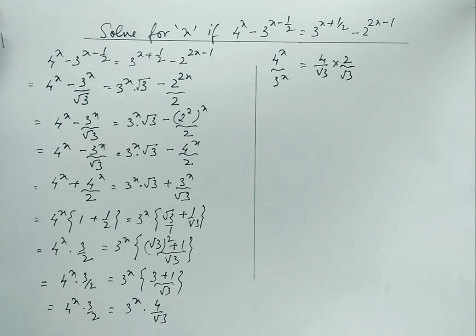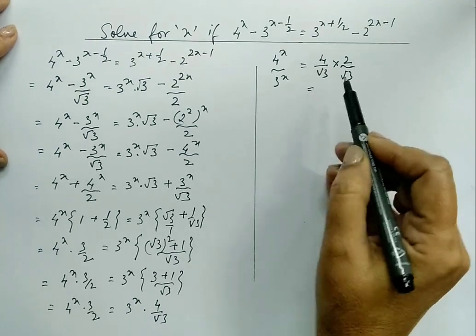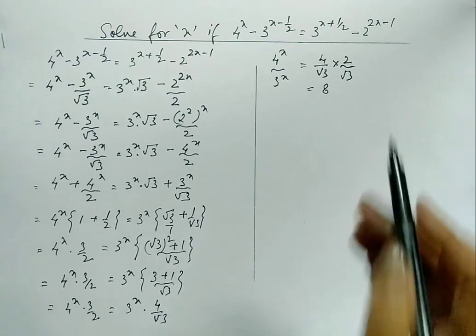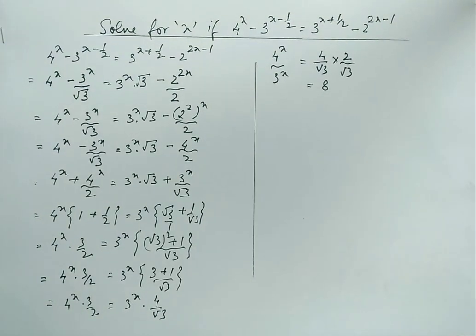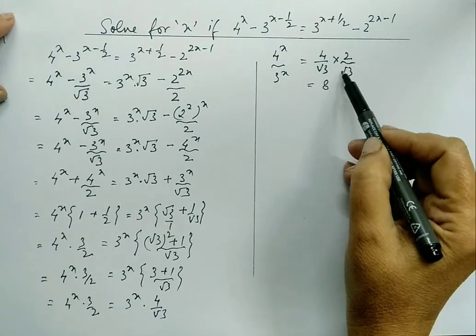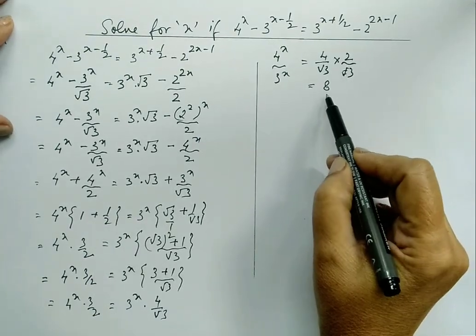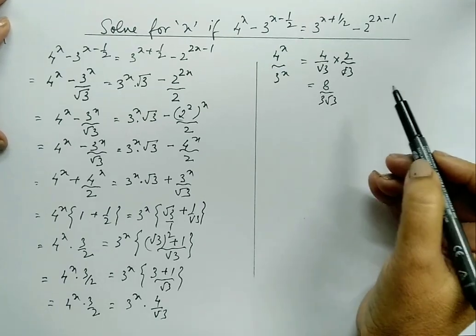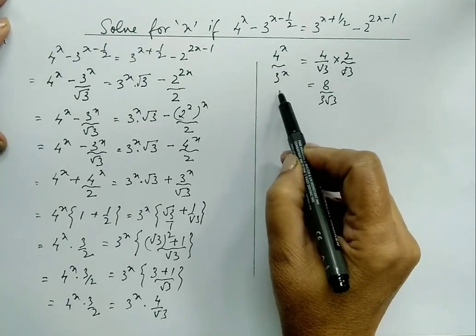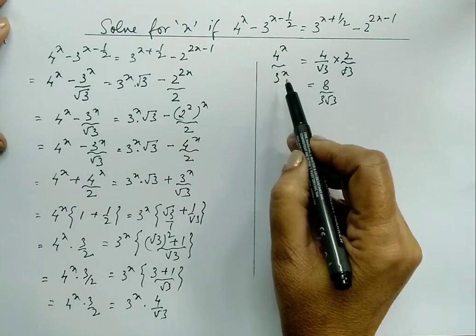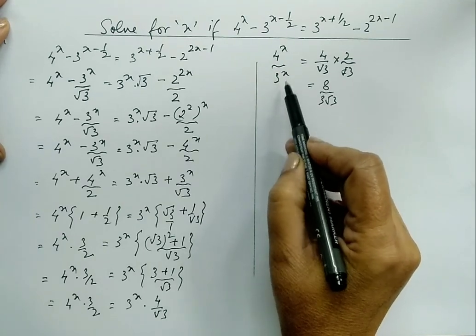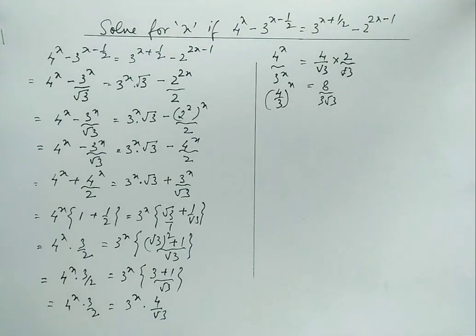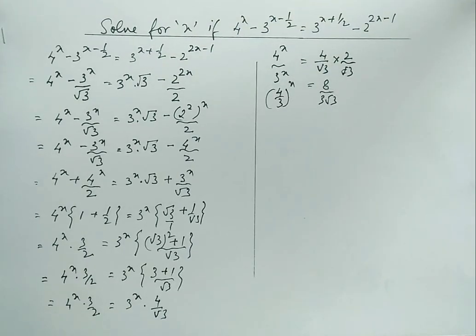So we get over here 8 and root 3. So we have 3 root 3 here. We have the same power, so we can write like this. Alright?